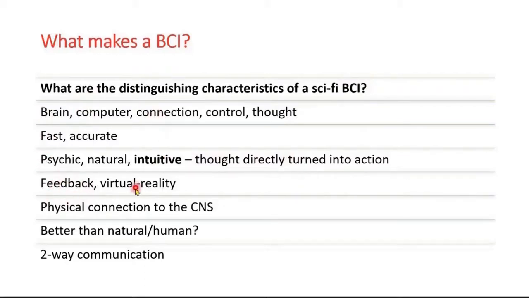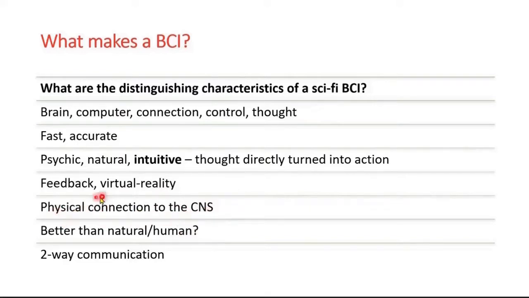If we have feedback, some virtual reality, maybe the movie Matrix also involves some kind of description of science fiction BCI. We also see physical connection to the central nervous system. The central nervous system is the brain plus some nervous connection.